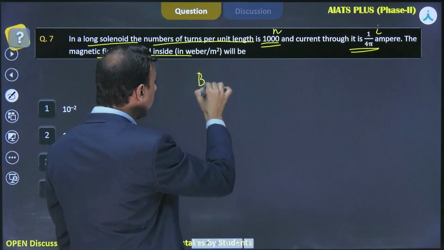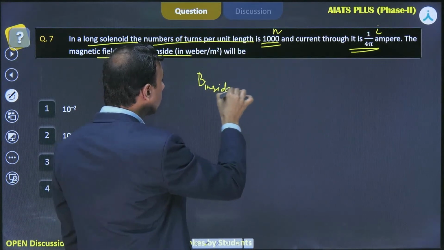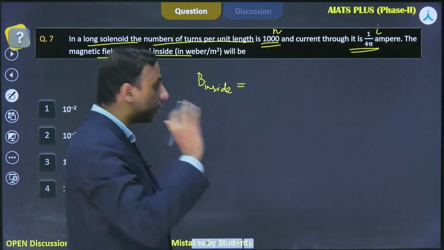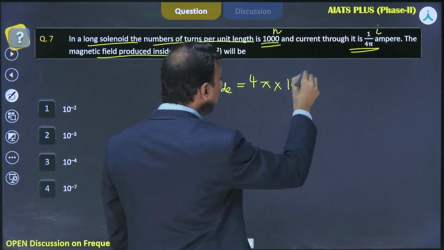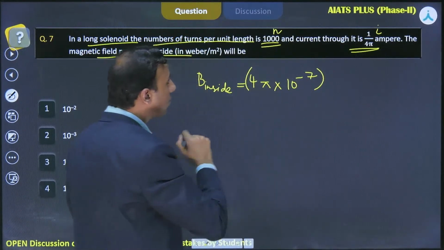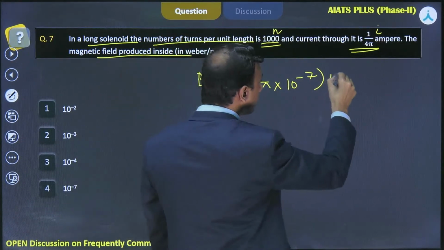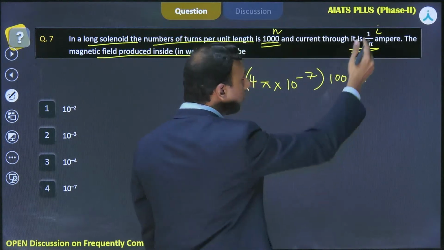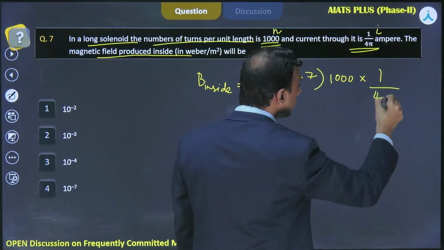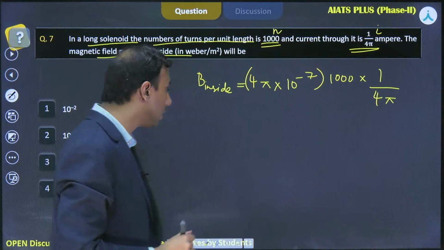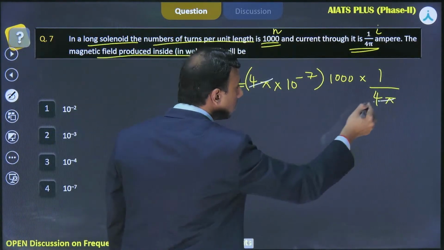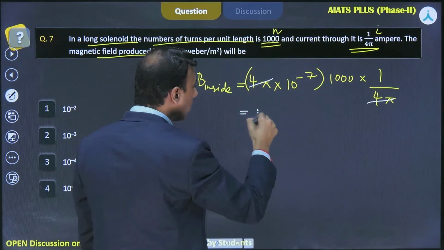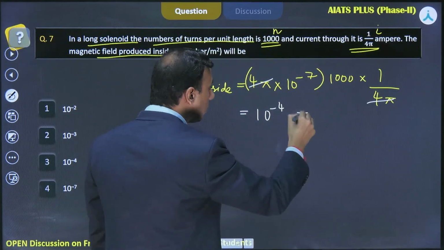So B inside will become mu naught N I. Mu naught is a constant that has the value 4 pi into 10 power minus 7. N is 1000. And I is 1 by 4 pi. You can just cancel the terms. 1000 into 10 power minus 7 becomes 10 power minus 4 Tesla.